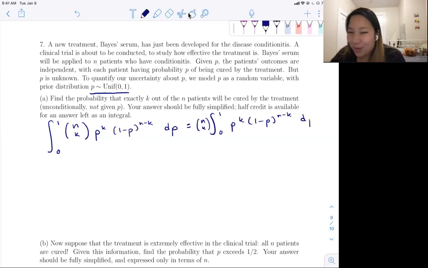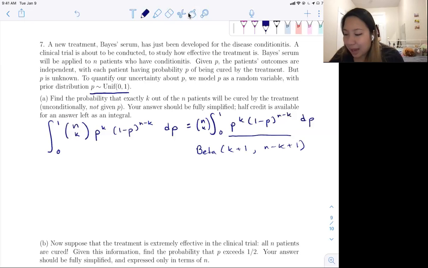You can solve this with Bayes billiards. I think at the time when I took this final, I didn't really know Bayes billiards, and now I don't really have it stuck in my head, but I am able to pattern match betas. I see that this looks sort of like the Beta(K plus 1, N minus K plus 1) PDF.